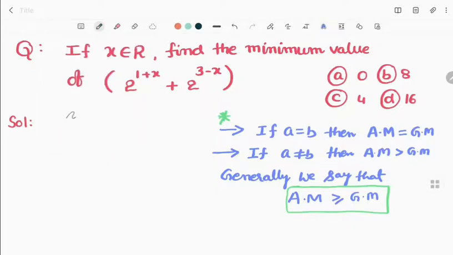We know that arithmetic mean is greater than or equal to geometric mean.